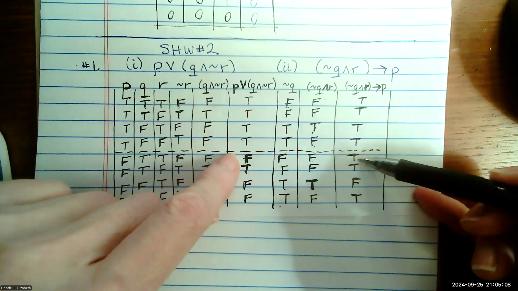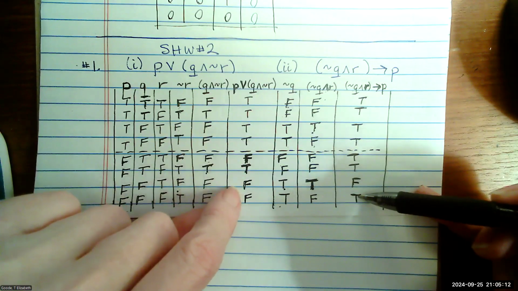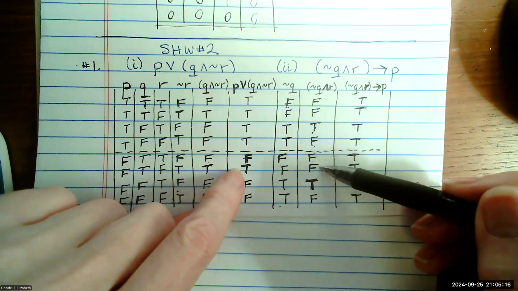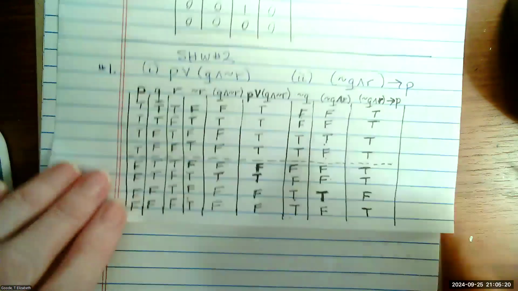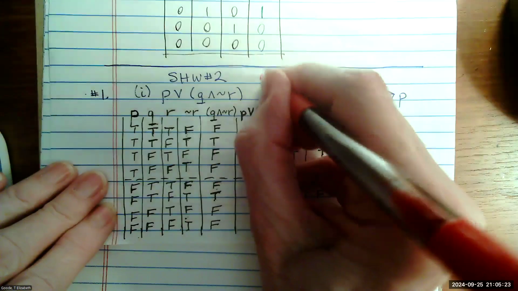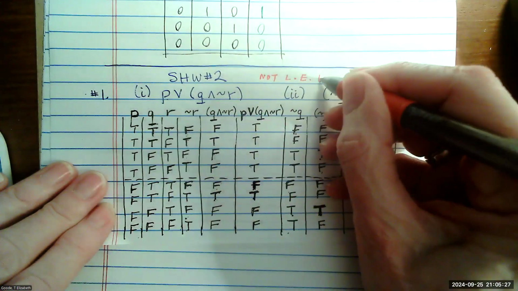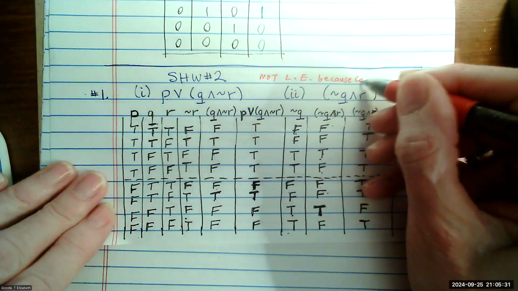They don't match in row 8, right? Did we do this one right? Is this right? Not Q. Okay, now I'm getting nervous. So these are not logically equivalent because their columns are not identical.